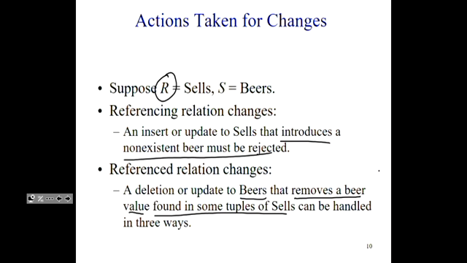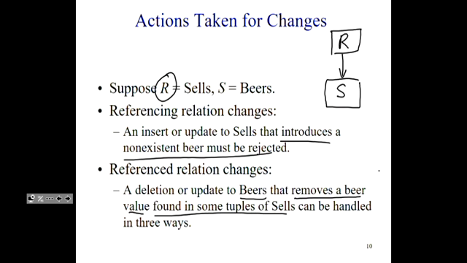And the reason why the first one just results in a reject while the second has many ways of handling it is that R is a relation that is dependent on S. So if there are changes to S, we still want to be able to support that, but R is a weaker relation, so we are okay with rejecting some of the updates to R. At least that's the way foreign key constraints are handled right now.